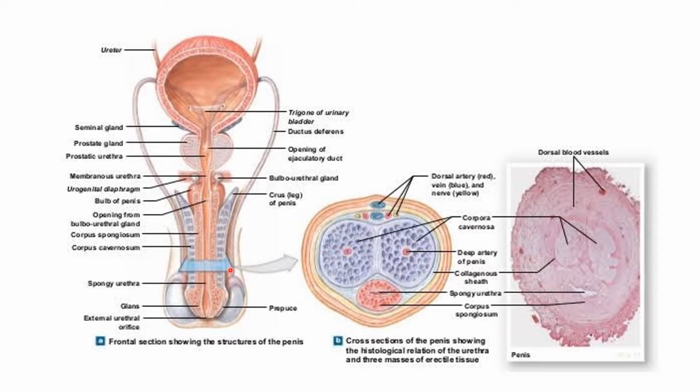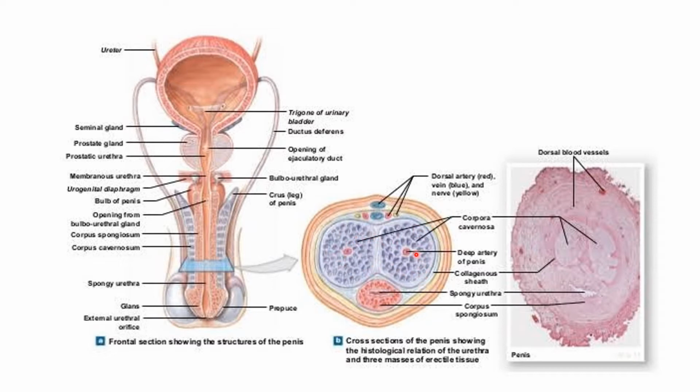So if you cut at the cross-section part of your penis, it would actually show you this one. So this is also showing a histological comparison. Okay, if you check on the penis under a microscope, you should observe this image. So here you see that this is the corpora cavernosa.